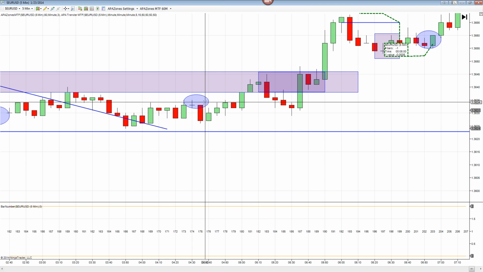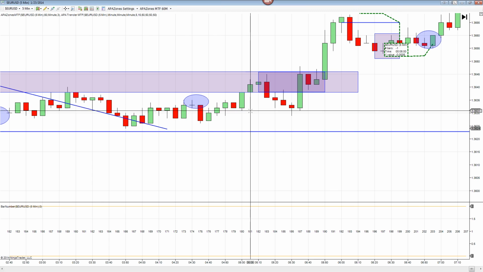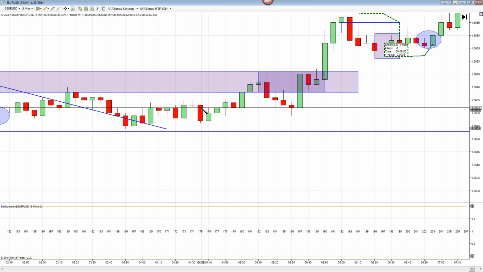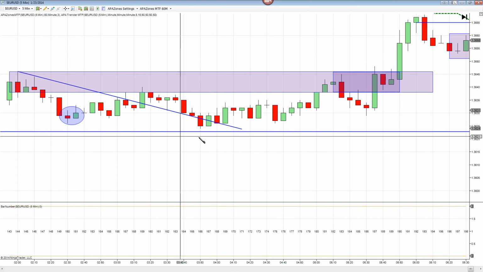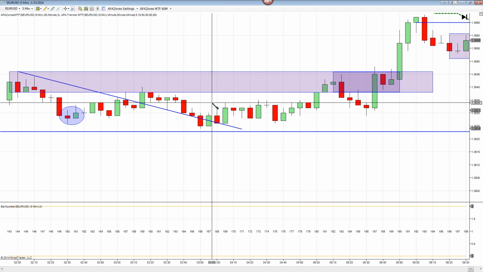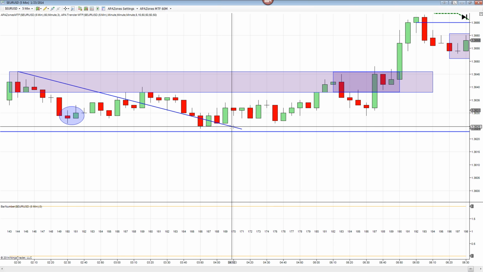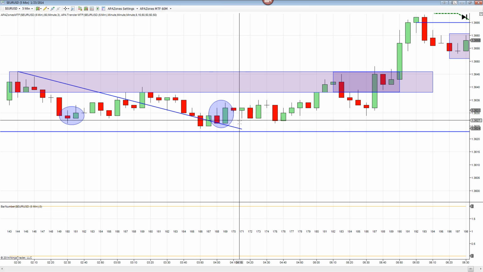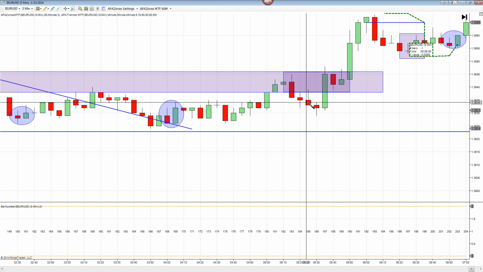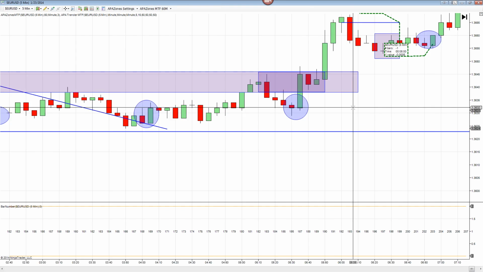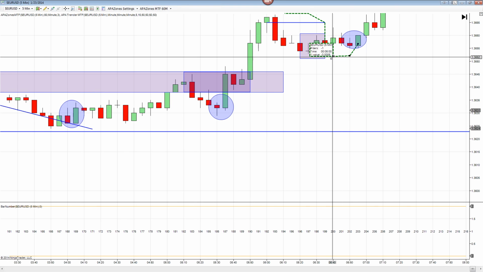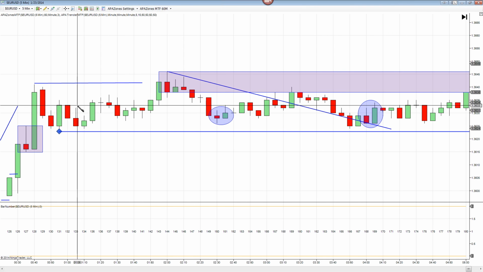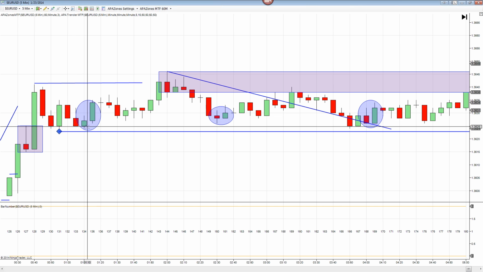Just as far as price action long signals go, and when I say price action long signals, I'm looking for a single bar or double bar engulf, basically at support. So we had this signal right here. That would have been one. This would have been one. These three candles would have been one.